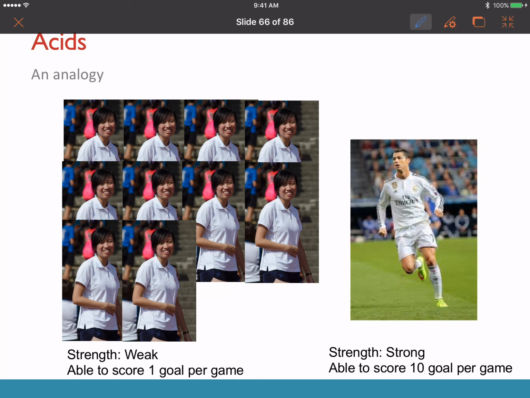It is not affected by anything else. It is only determined by the nature of the acid. Okay? Nothing can change the strength of an acid, though increasing the concentration will also affect the concentration of hydrogen ions formed. Okay, so that's my analogy. You can think of your analogy also. So this is all for the strength of an acid.